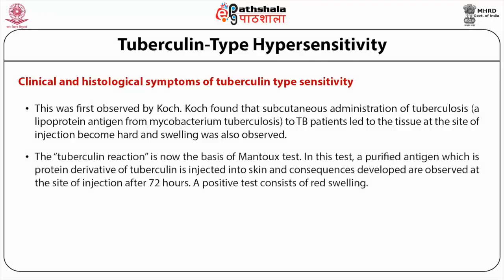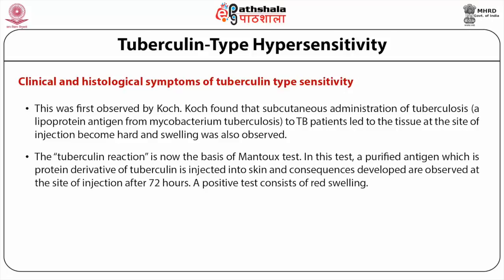The tuberculin reaction is now the basis of the Mantoux test. In this test, a purified antigen, which is a protein derivative of tuberculin, is injected into the skin and the consequences developed thereby are observed at the site of injection after 72 hours.